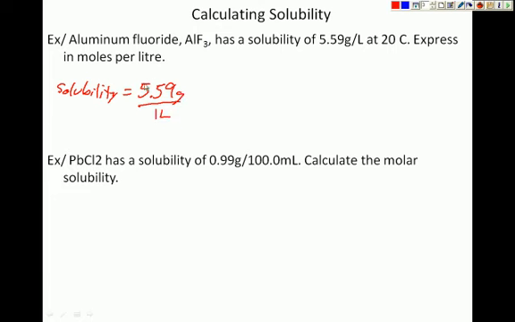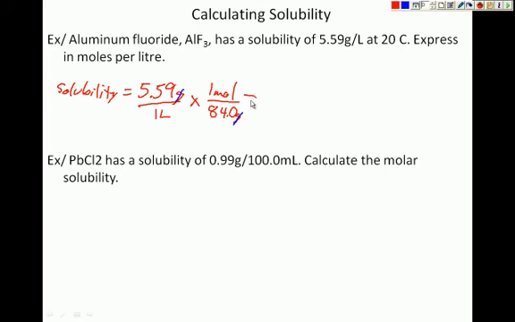Now, I'm going to multiply this by the molar mass of aluminum fluoride, which happens to be 1 mole of aluminum fluoride has 84.0 grams in 1 mole. And when I multiply this together, my grams are going to cancel out, and I'm going to have moles over liters, or in other words, molarity.